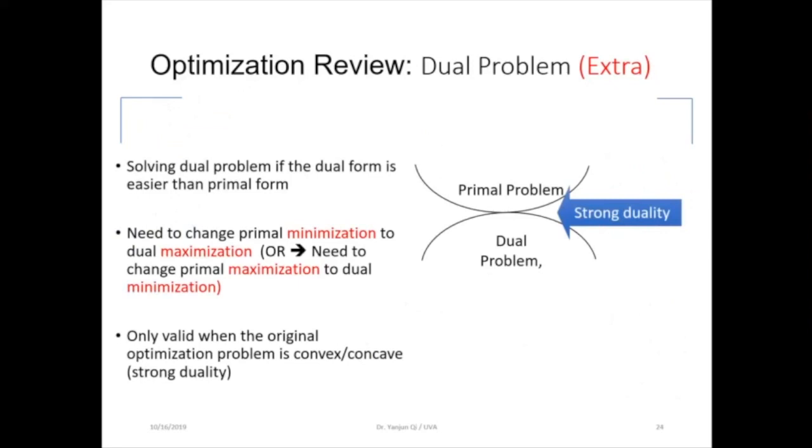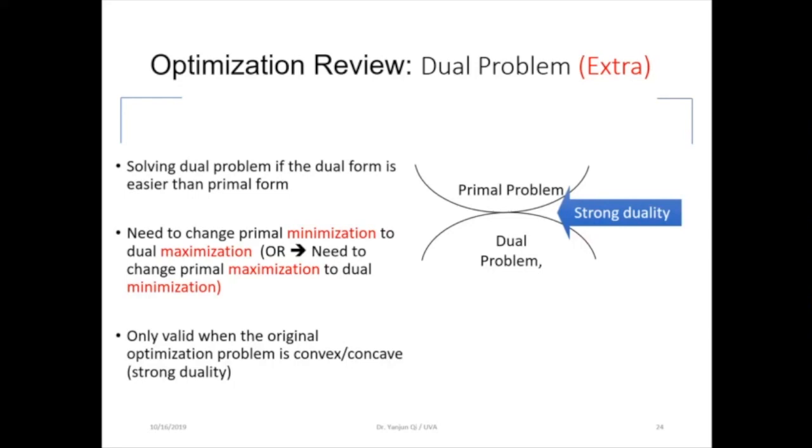Okay, so now I'm going to move to the primal and dual problem. Solve the dual problem if the dual formulation is easier than the primal problem. So just memorize it. When you want to change the primal problem into the dual problem, you need to change the primal minimization to dual maximization.